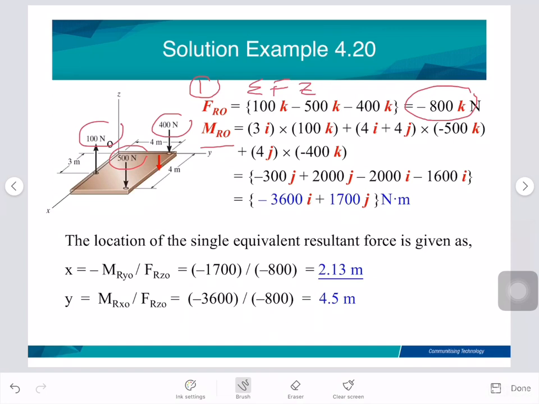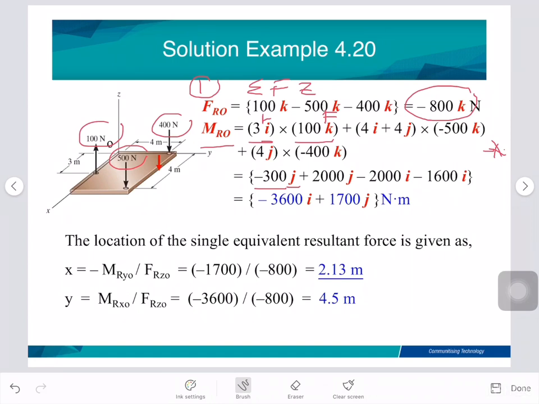Also, you can simplify like this, but you must beware if you use this technique, because this 3i represents the R, right? So 3i cross 100k, this is the F. So you must remember i cross k gives negative j. So here 3i cross 100k becomes negative 300j.